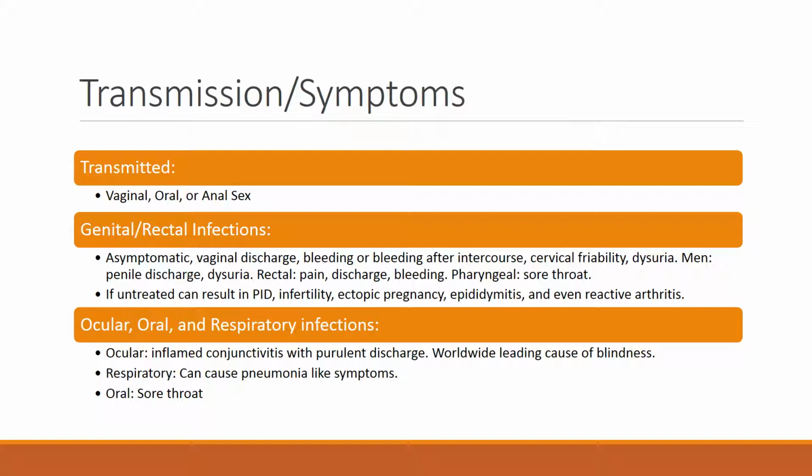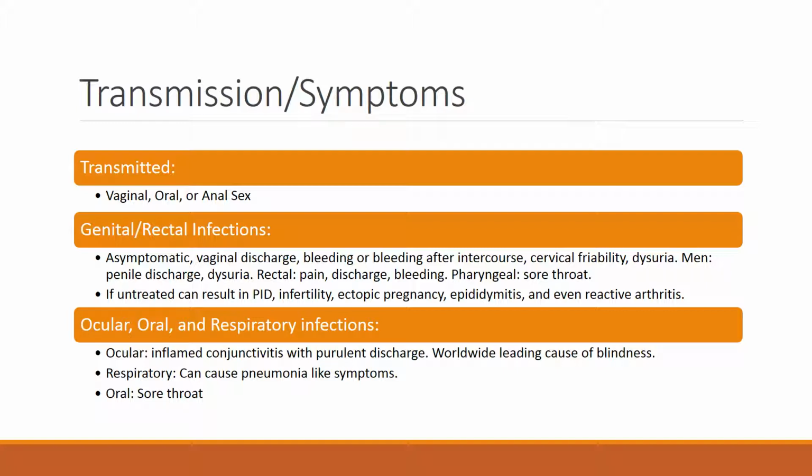Of those people who do show signs of infection, for women, they're typically going to have some vaginal discharge, a more copious discharge, thicker and a lot more liquid than normal for that person. They might have some bleeding after sex or have painful sex.